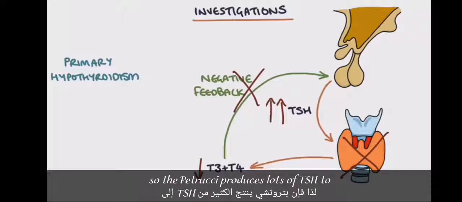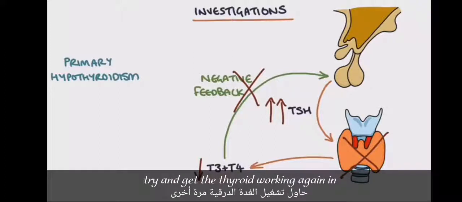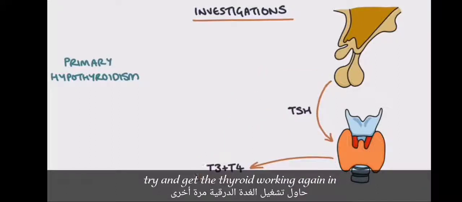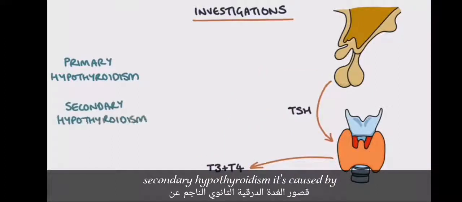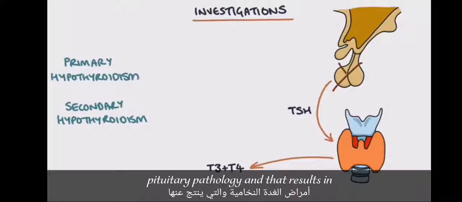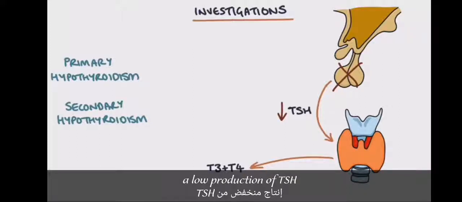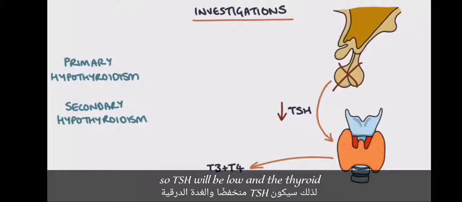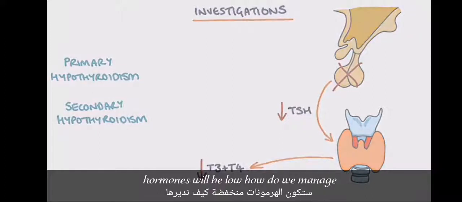So the pituitary produces lots of TSH to try and get the thyroid working again. In secondary hypothyroidism, it's caused by pituitary pathology, and that results in a low production of TSH. So TSH will be low and the thyroid hormones will be low.